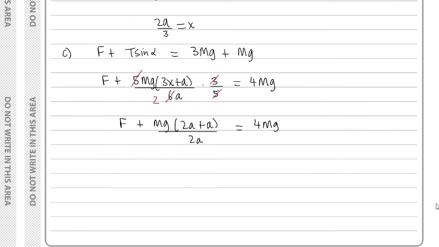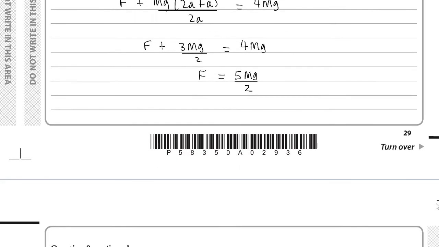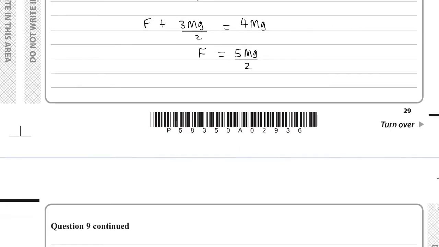And this leads to F plus 3 mg over 2 is equal to 4 mg. And therefore F is 5 mg over 2. So that's the vertical component of the force.